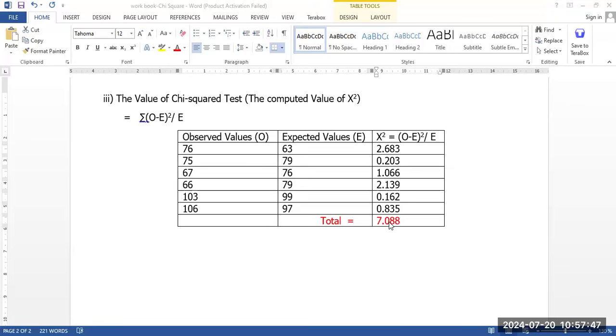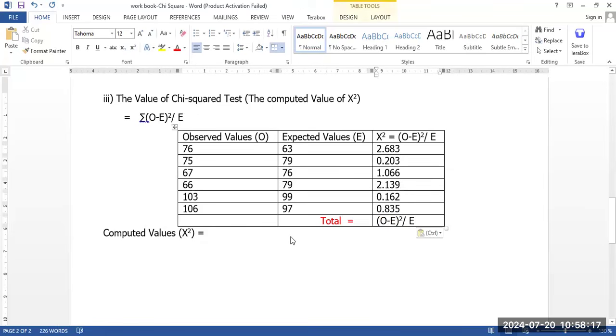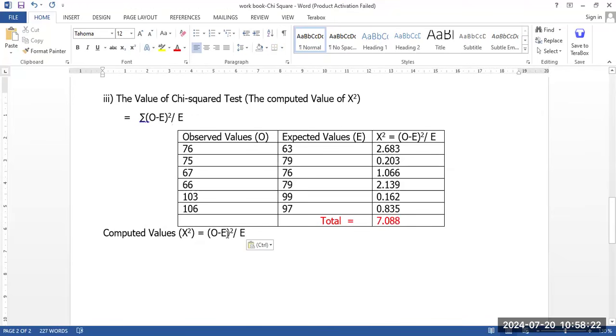So the value we have is our computed value. That is x squared, which is equal to this figure.